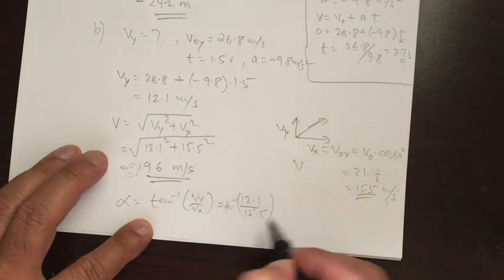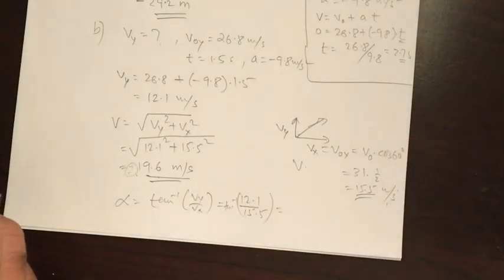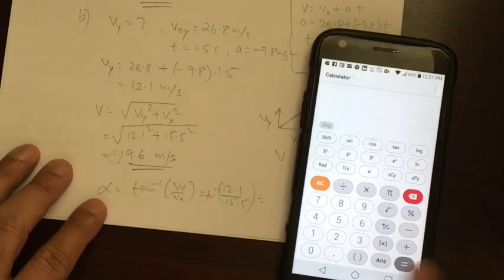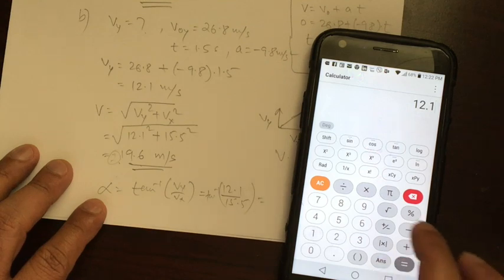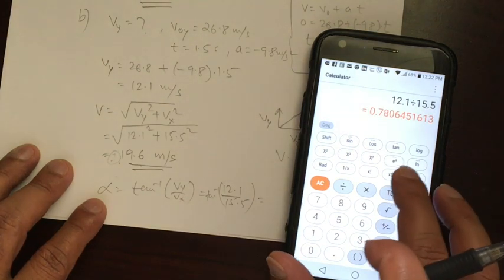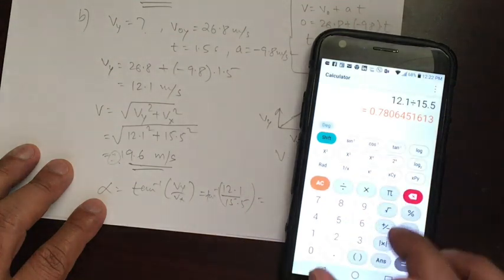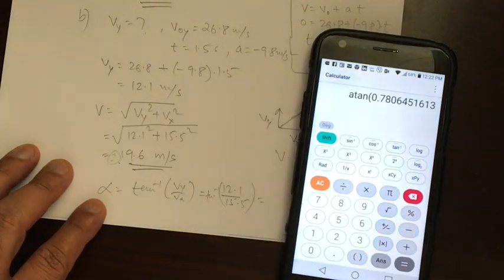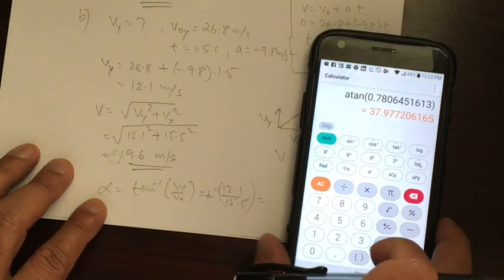Tan inverse of 12.1 divided by 15.5 gives me 37.9.